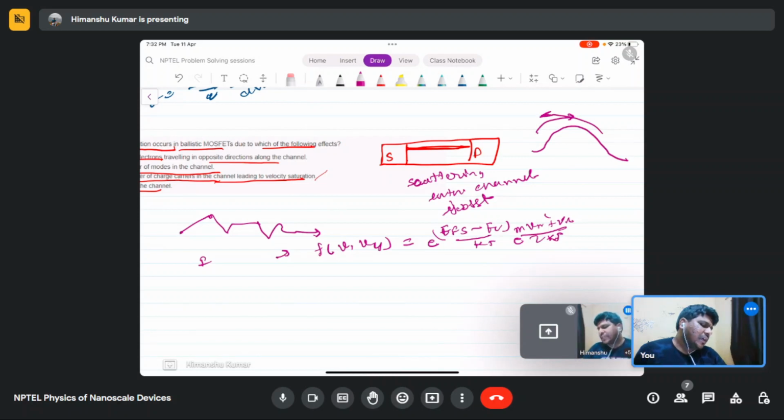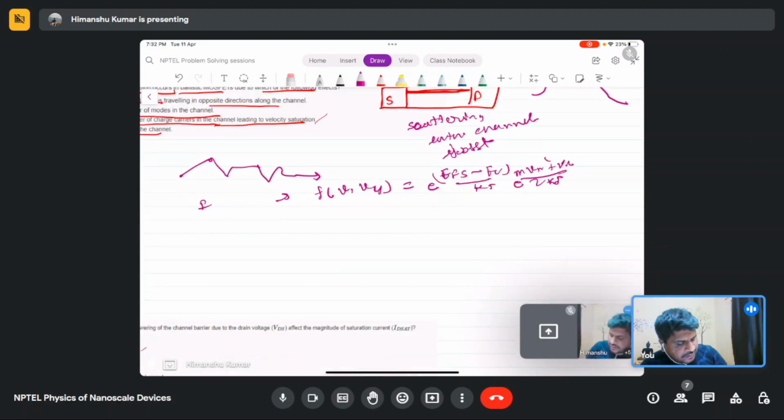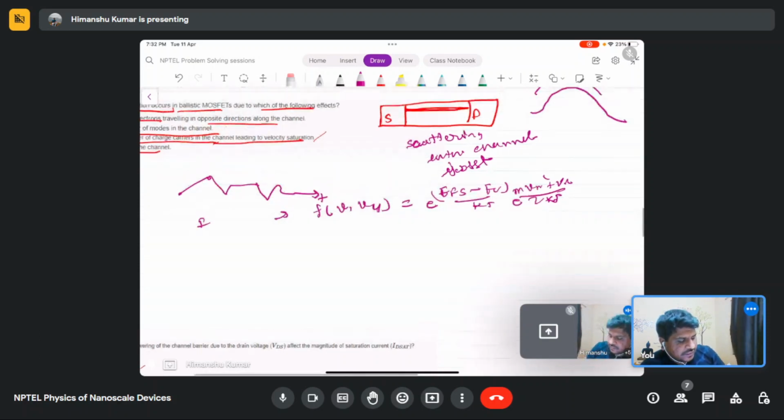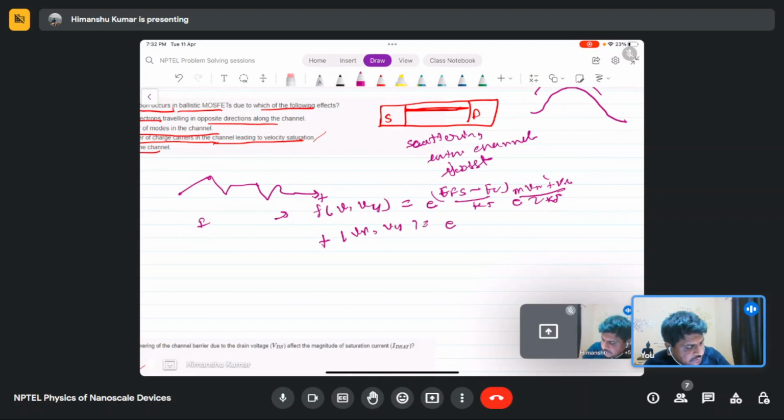When applying the bias, it is a question of how much rate there is in each direction. The rate of moving in the positive and negative direction is a function of Vx and Vy. It is the exponential of E_F minus E_C by kT, times the exponential of Vx square plus Vy square.